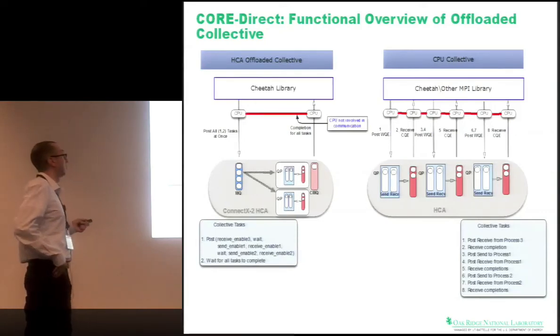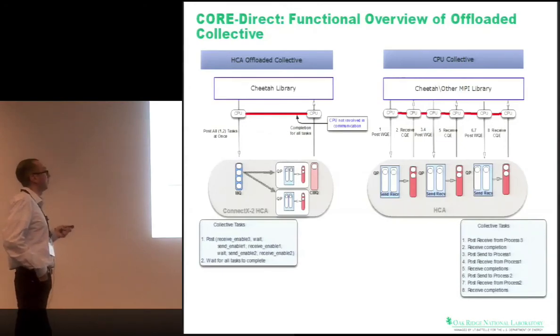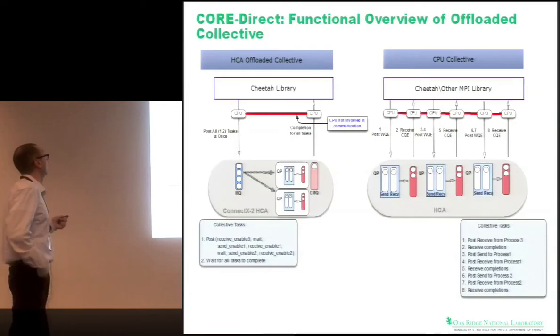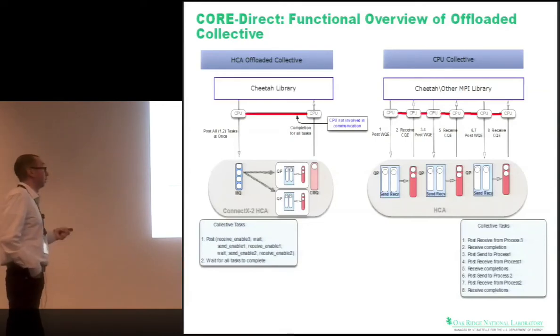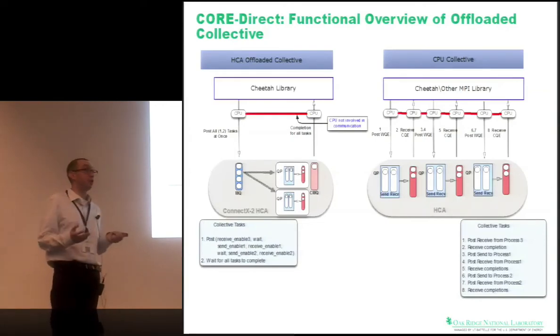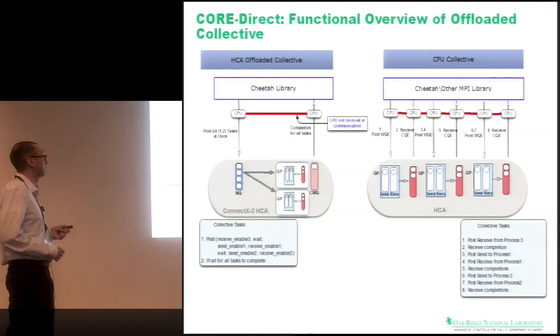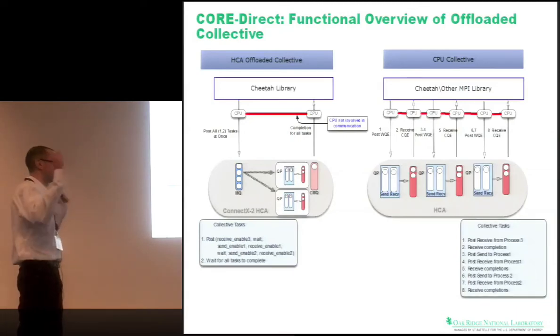So you have a lot of iterations, a lot of steps between software and hardware layers. With hardware offload, essentially we pre-build the chain of operations, we push it down to hardware, hardware progresses everything, essentially internally hardware executes all the steps, and we eventually get a completion, everything is done.